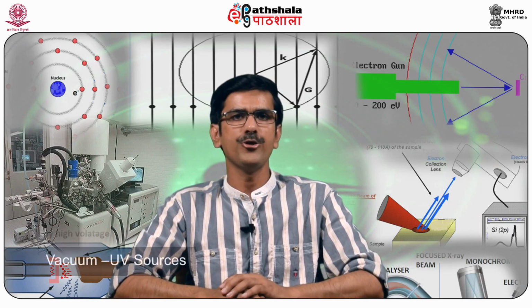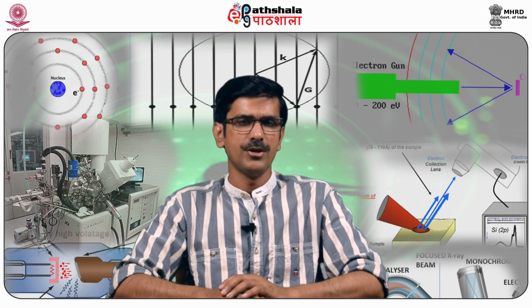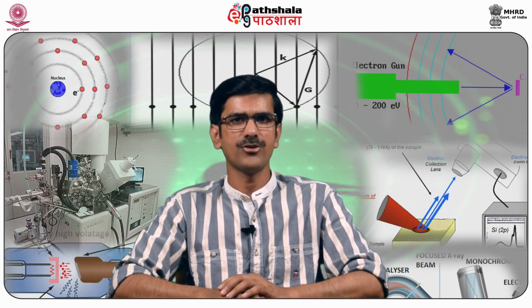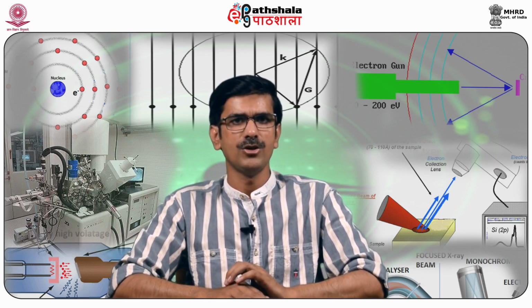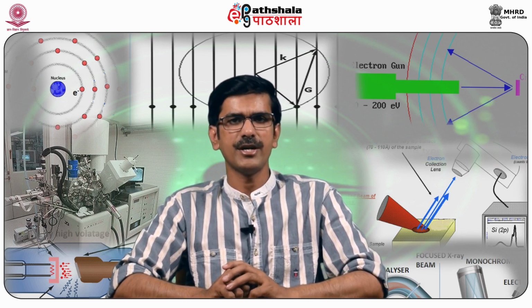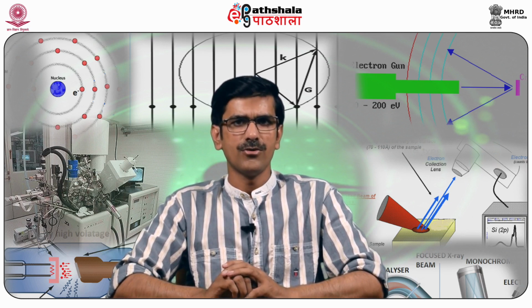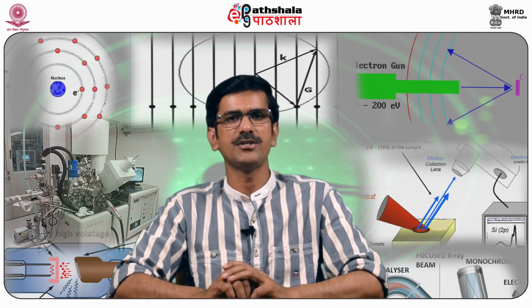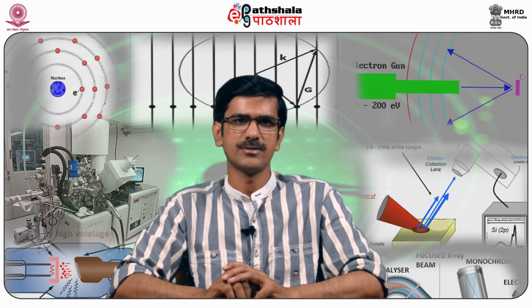Now, the vacuum UV sources. The most important source of radiation for photoelectron spectroscopy of the outer shell is vacuum UV lamps. The spectra created in these lamps contain sharp lines. These are formed as a result of de-excitation of excited free atoms or ions.